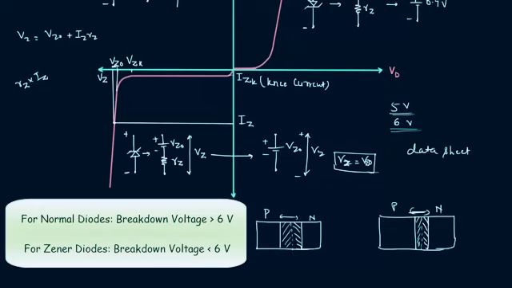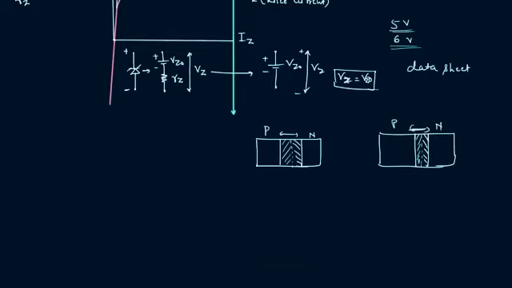I will quickly revise the equivalent model of Zener diode. First thing we have to do is to connect the N side of the diode to the positive terminal, and the P side of the diode to the negative terminal, so that the diode is reverse biased.